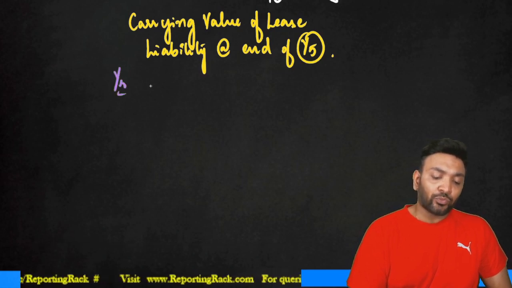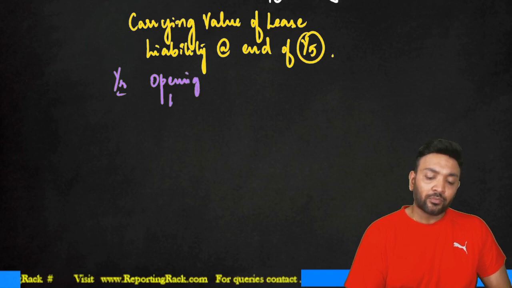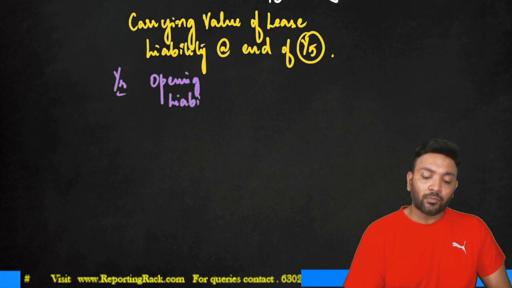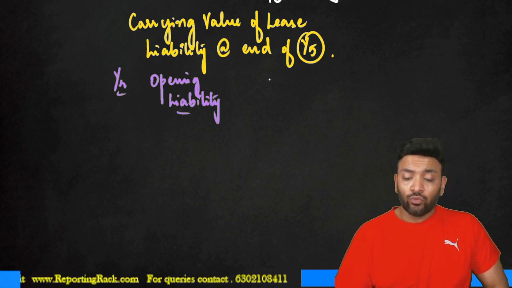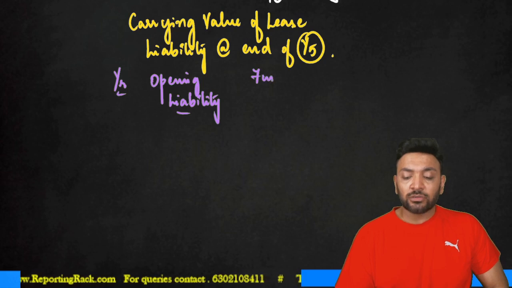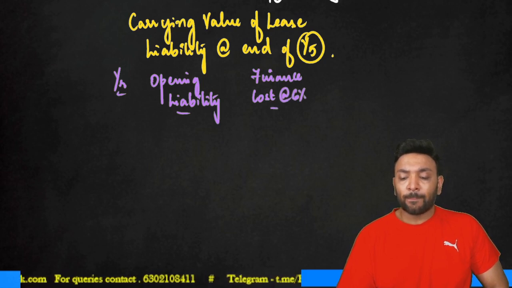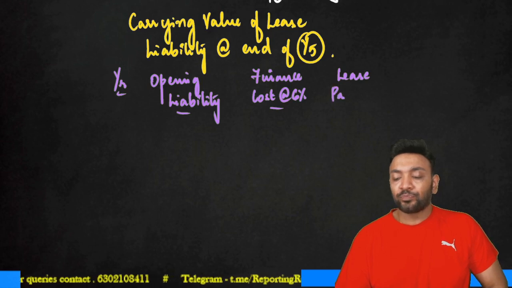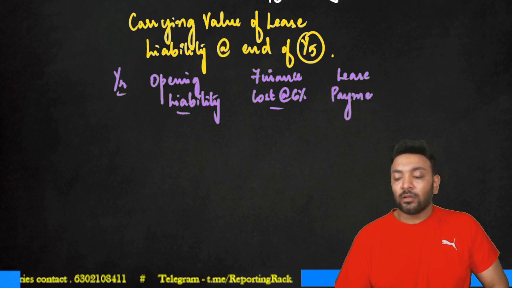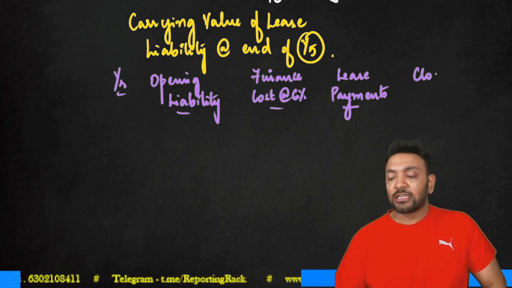Here, what is your opening lease liability? What is the amount of finance cost at the rate of 6%? The amount of lease payments made. And finally, I'll come to the amount of closing liability.